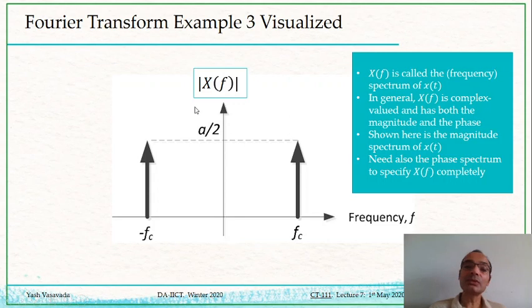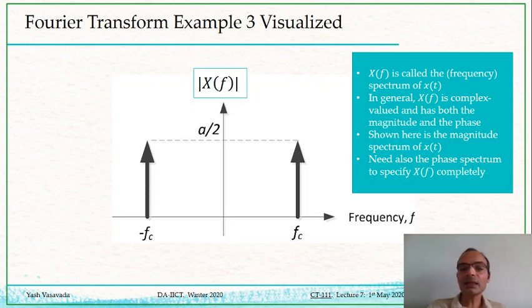What we would need to do to specify the complex number properly is to show what the magnitude looks like and what the phase looks like. What I have shown here is just the magnitude aspect. Actually, I would need to specify the phase of this Fourier transform also to completely specify the Fourier transform x of f. I haven't done it here, but I leave it as an exercise to you to determine what the phase should look like for this particular example.